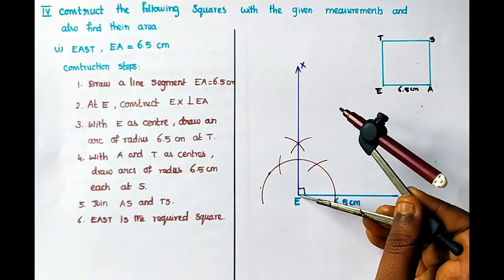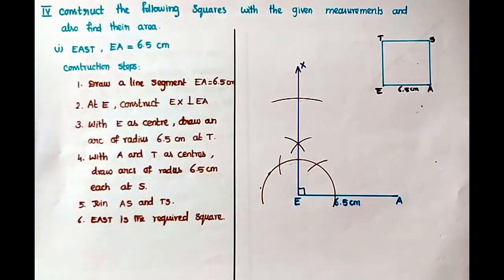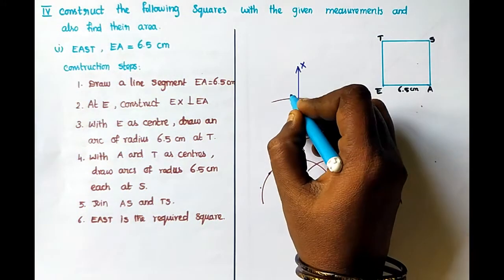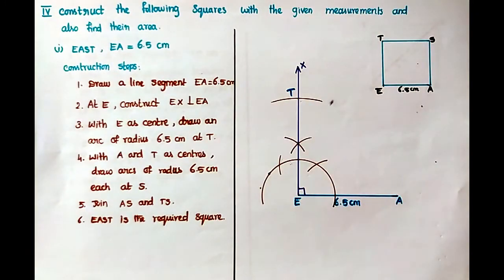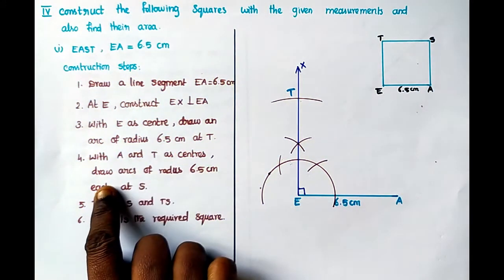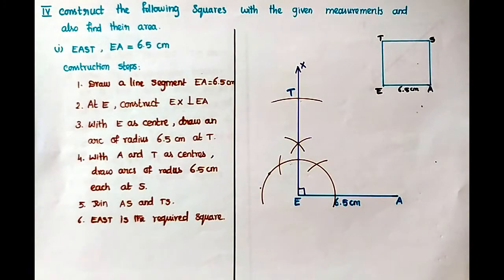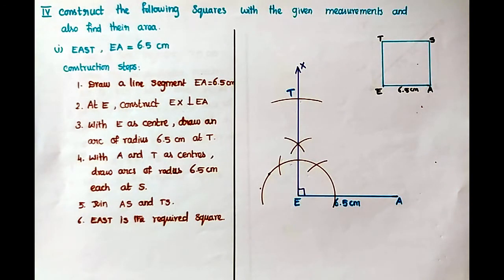Arc at T. Next one, A and T as center, draw an arc of radii 6.5 centimeter each at S. With A as center also 6.5 centimeter and T as center also 6.5 centimeter.